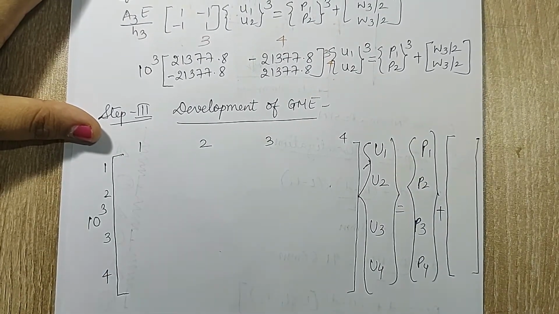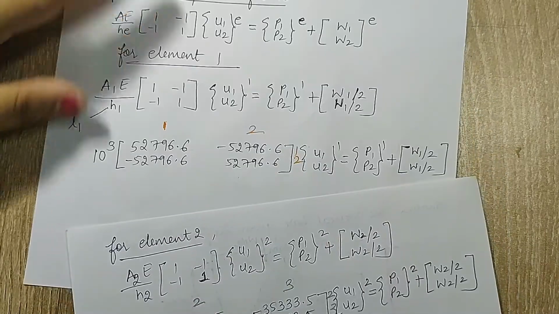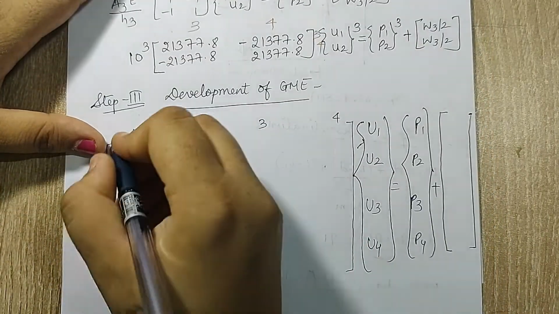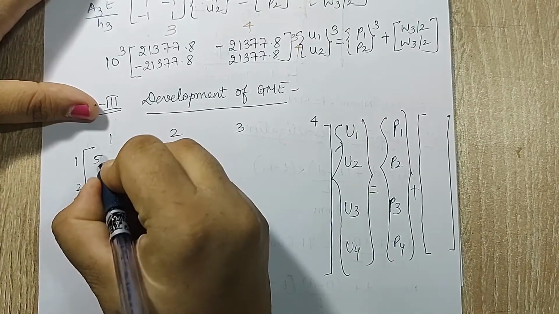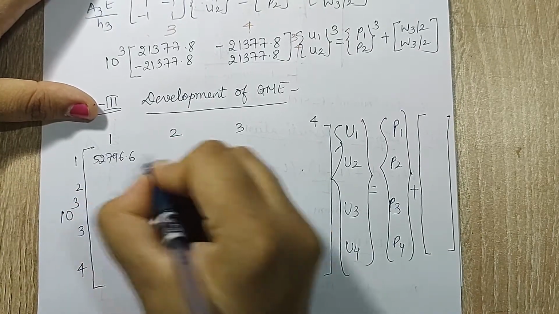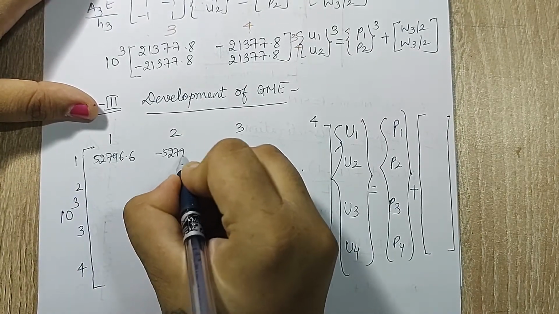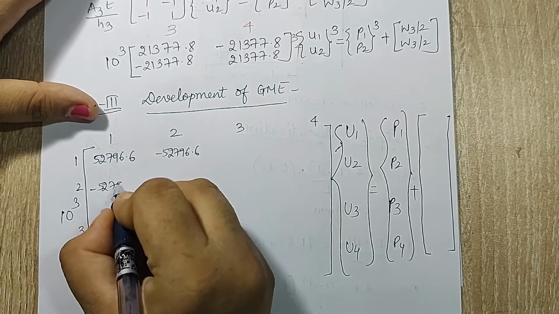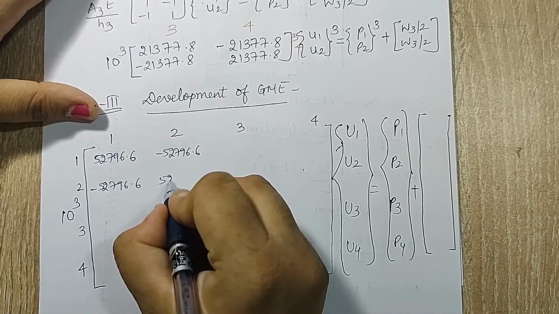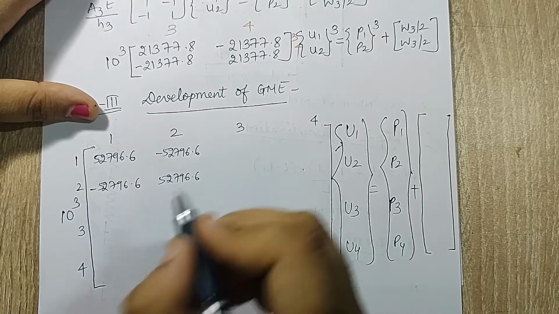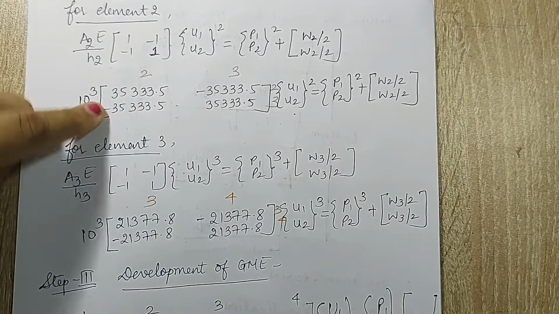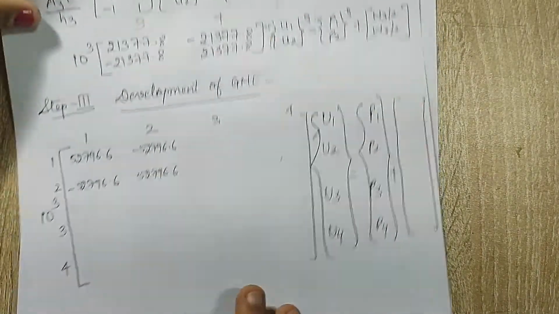My first element was between 1, 2, 1, 2 and the value was 52796.6. So I'll write here. Next element 2 is between node 2, 3, 2, 3. The value is 35333.5.